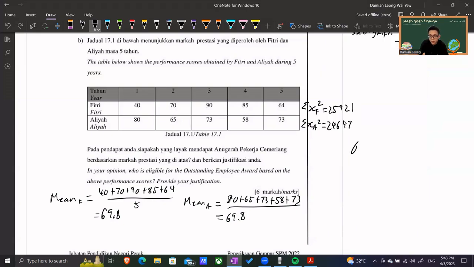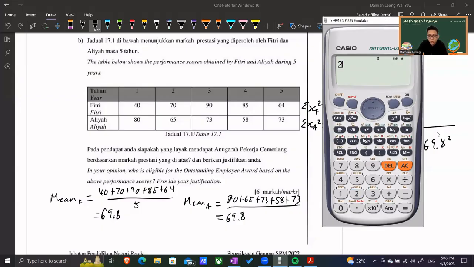So the standard deviation for Fitri is 25,921 over n, 5, minus the mean squared, whole thing square root.